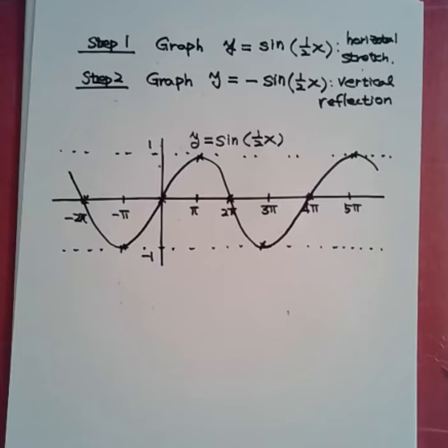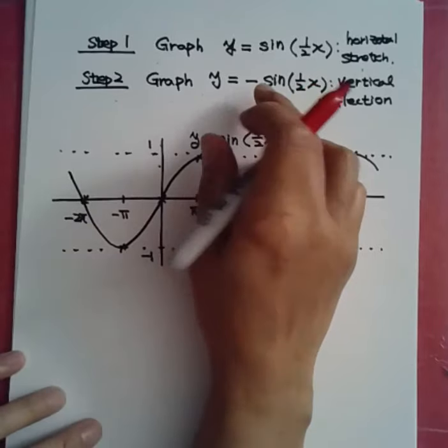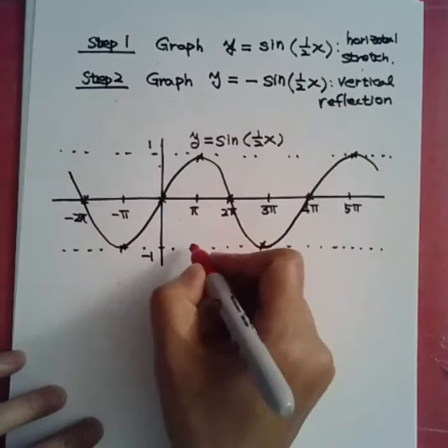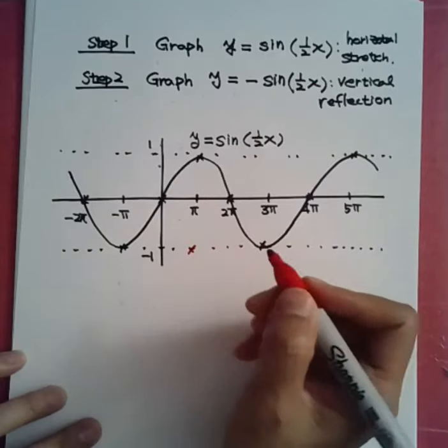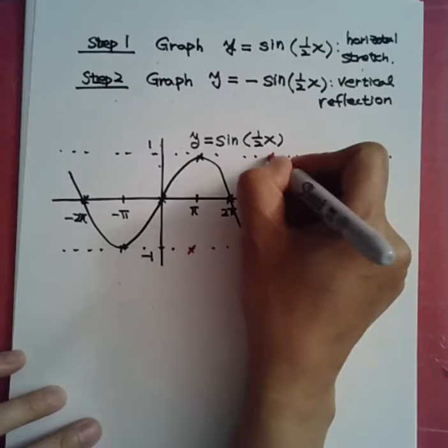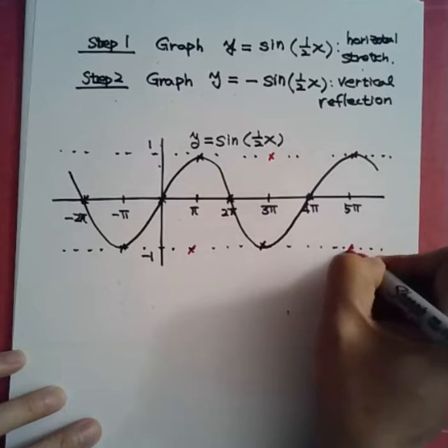In the second step, we have to flip along the x-axis because of this minus sign. So 1 will become -1 and -1 will become 1 and so on.